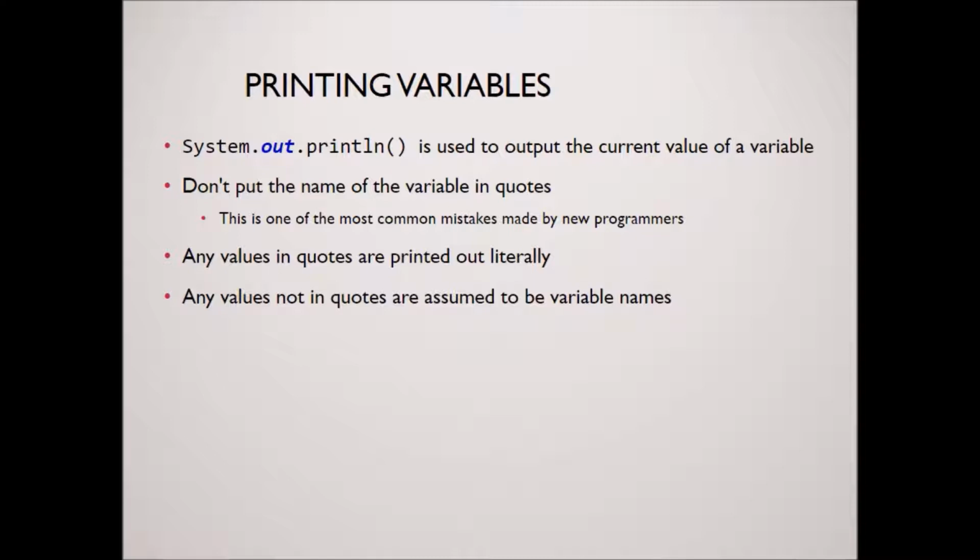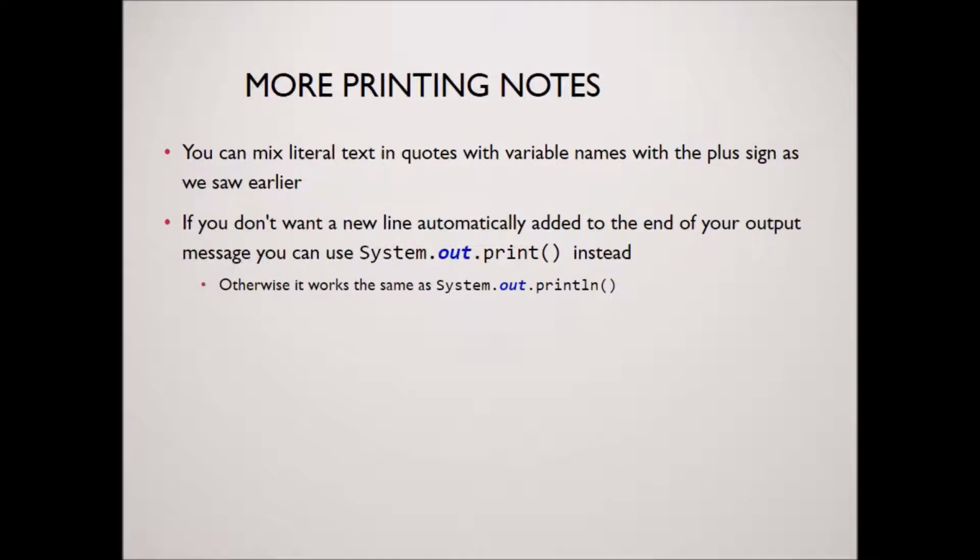It will get converted to a string if you put it in a print line statement, so you don't need to put the double quotes. If you leave the ln off in print line, it just prints without the new line character. Then you'd have to put in a \n. You'd have to literally put in the new line.